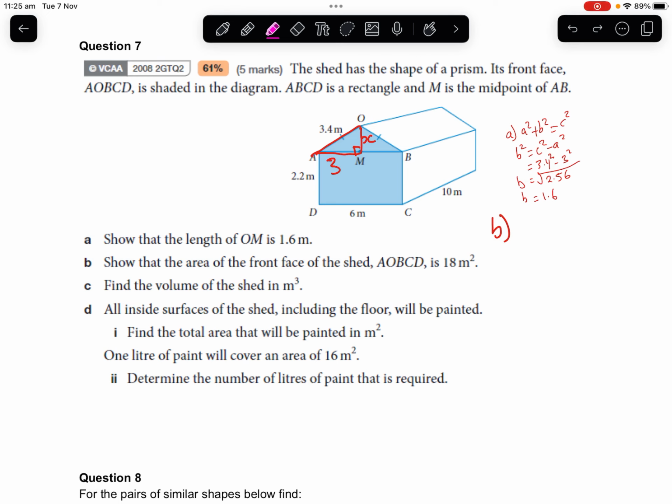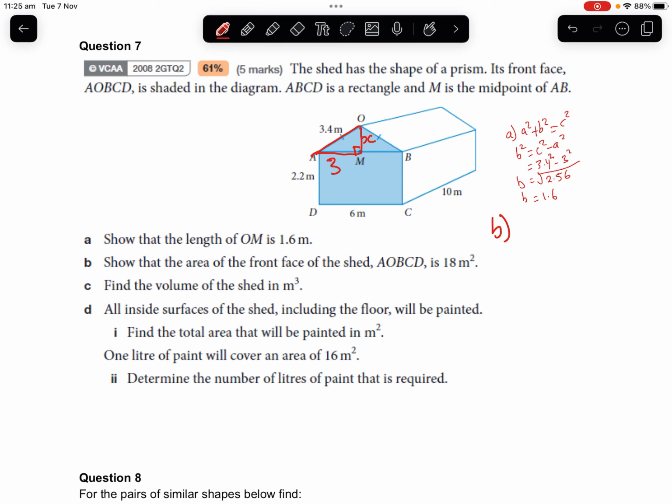Here we have two shapes, a rectangle and a triangle. Find the area of both, add them together, and see if it equals 18.